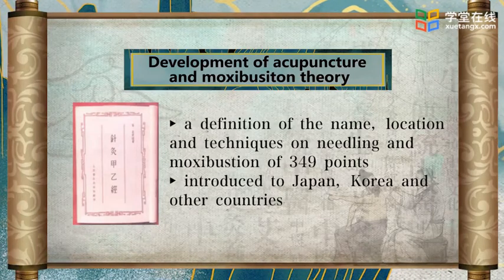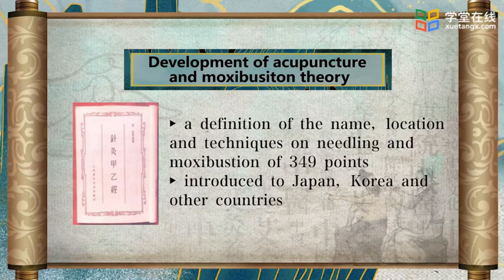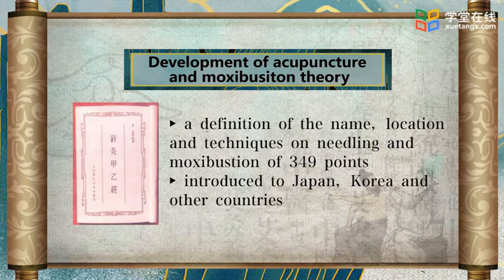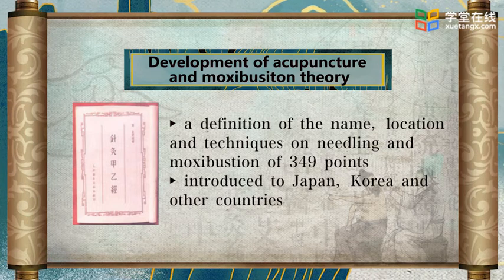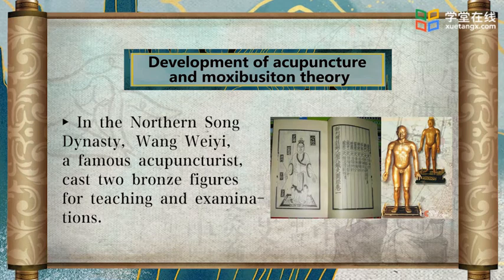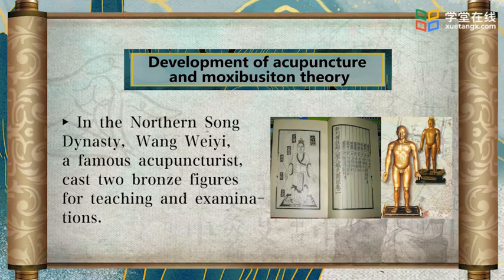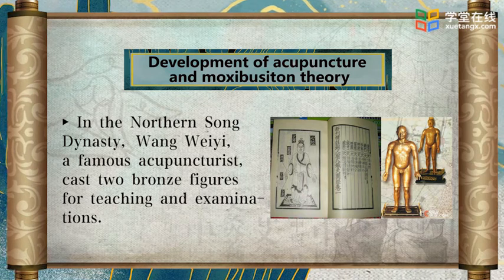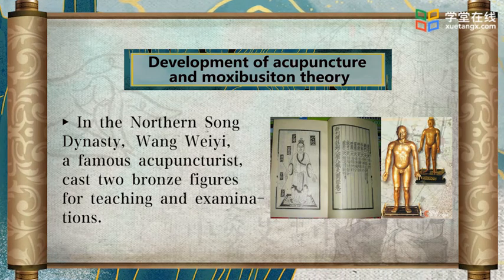Later, this book was introduced to Japan, Korea, and other countries during the 6th century, making acupuncture and moxibustion known worldwide. In the Song Dynasty, Wang Weiyi, a famous acupuncturist, cast two bronze figures for teaching and examination.